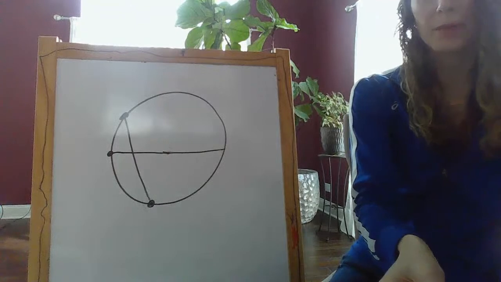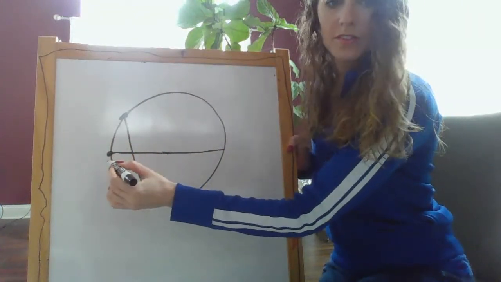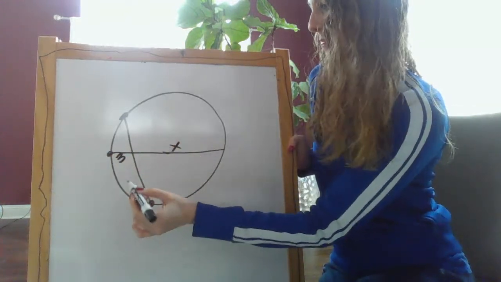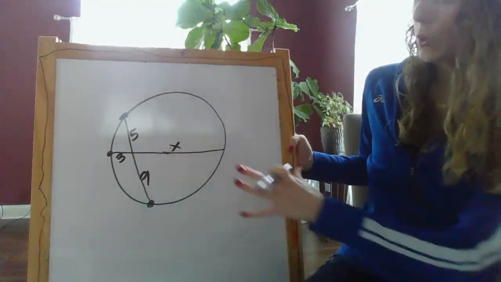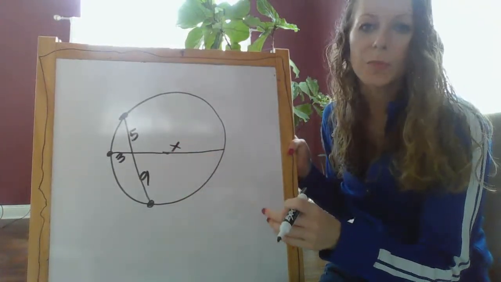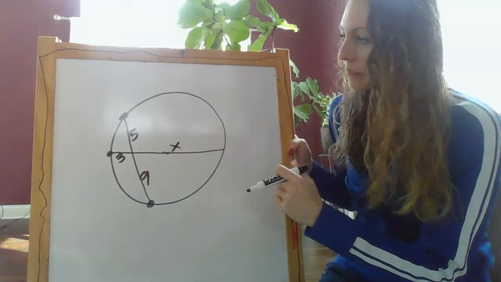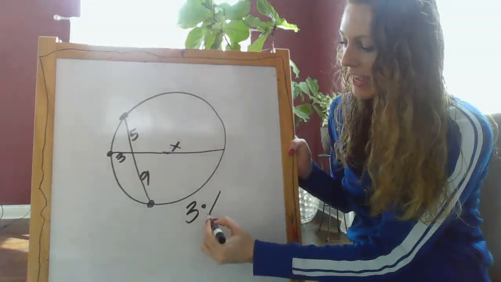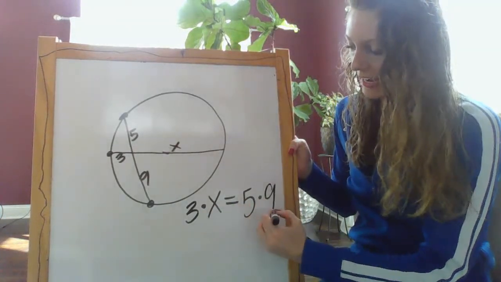If we had numbers on here, like 3x, 5, and 9, for example, our chord theorem related to segments is that we multiply the two parts of the segments together. So on this problem, 3 times x is the same as 5 times 9.